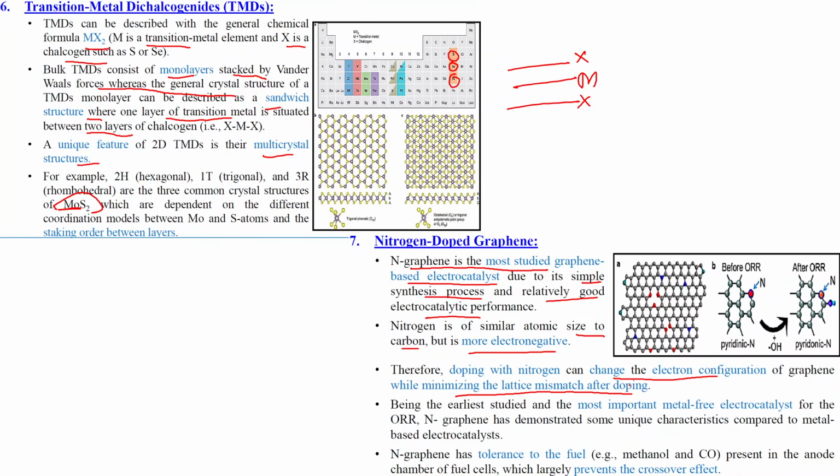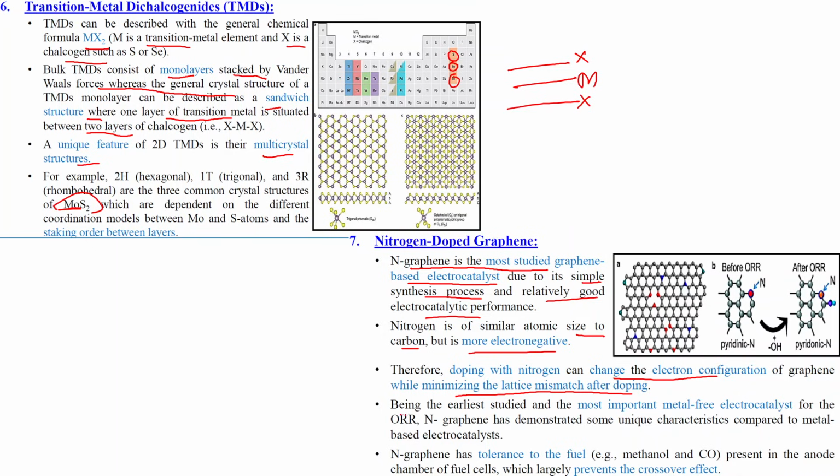Okay. So basically, doping with nitrogen is beneficial because it is more electronegative, as well as the size of nitrogen and carbon being comparable. Therefore, doping with nitrogen changes the electronic configuration without lattice mismatch.